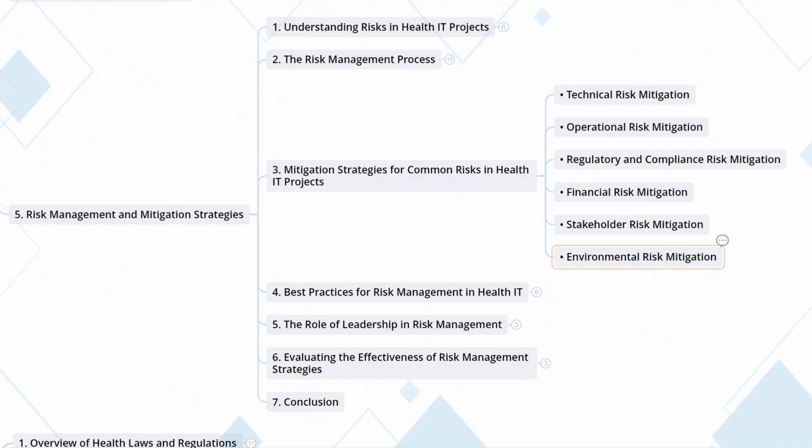Next, environmental risk mitigation. This includes monitoring trends in healthcare technology and policy changes to anticipate potential impacts on the project, and developing flexible plans allowing organizations to adapt swiftly when faced with external challenges.